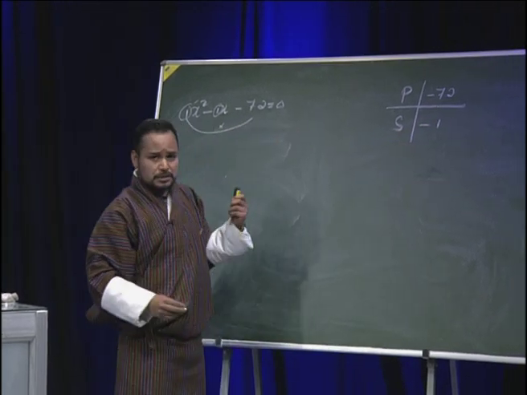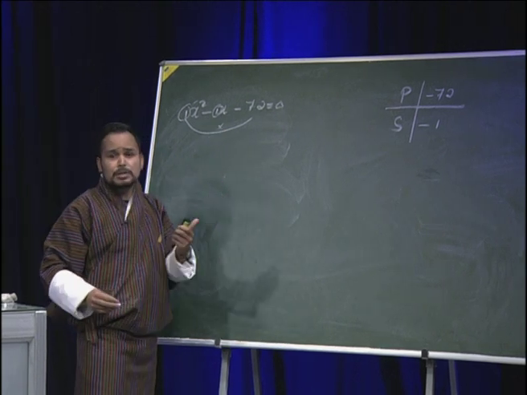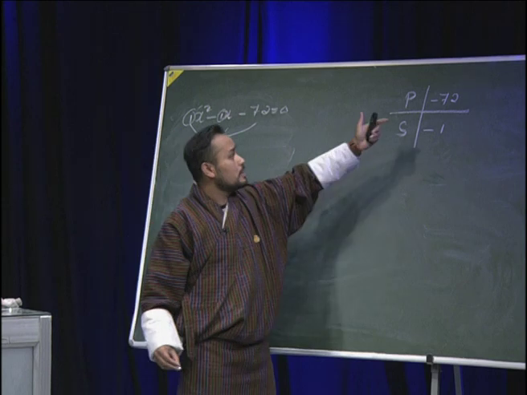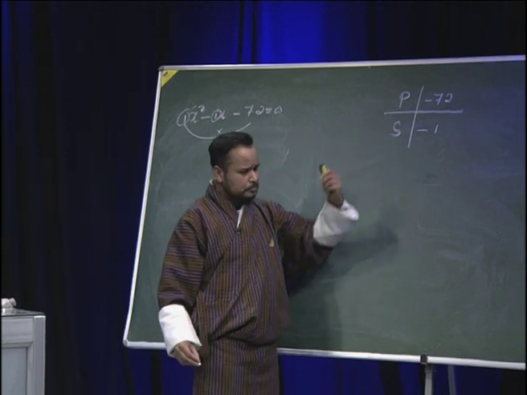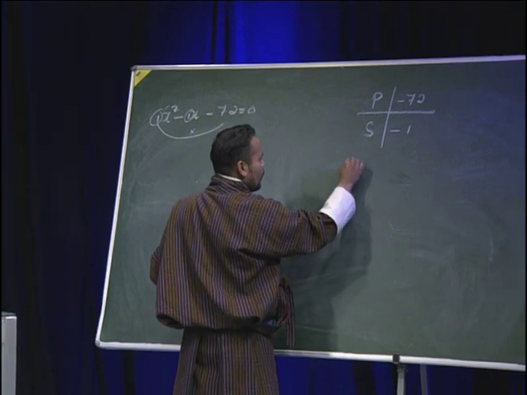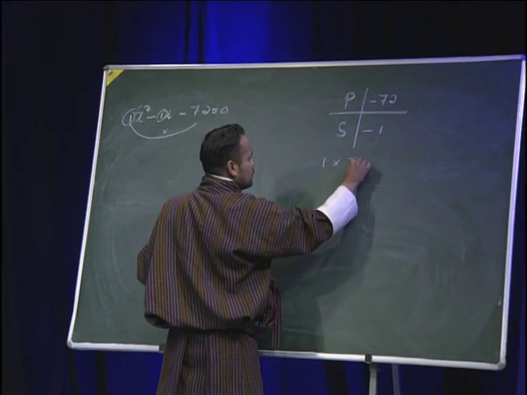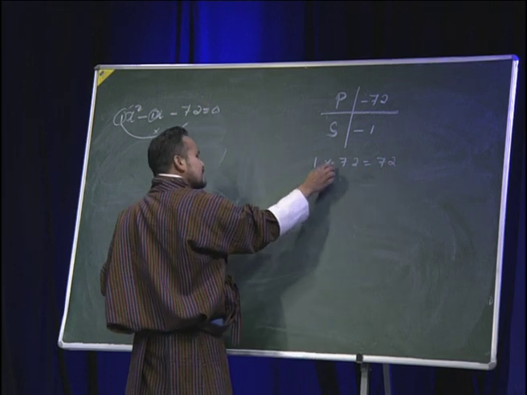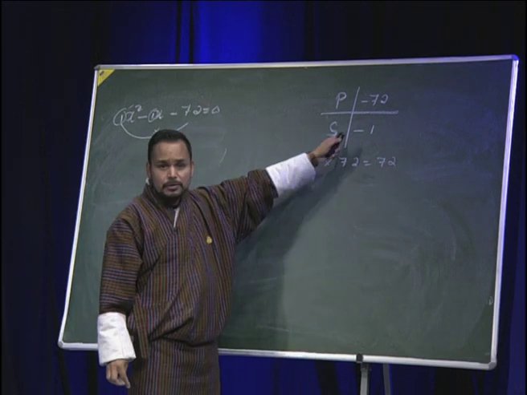Now to factor this quadratic equation, you have to get two numbers. You get the two numbers by factoring my product, that is negative 72. Let me start factoring 72. 1 times 72 is equal to 72. Can you use this 1 and 72 to get negative 1?